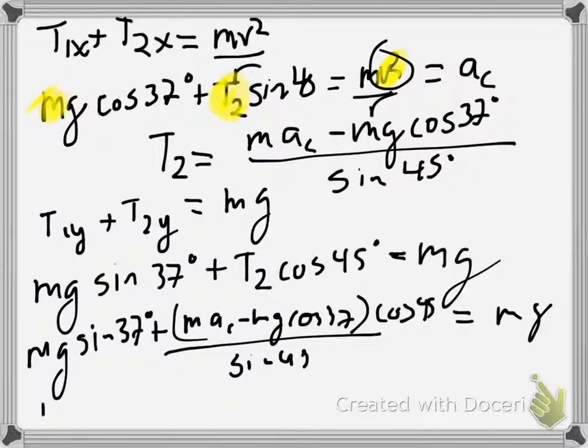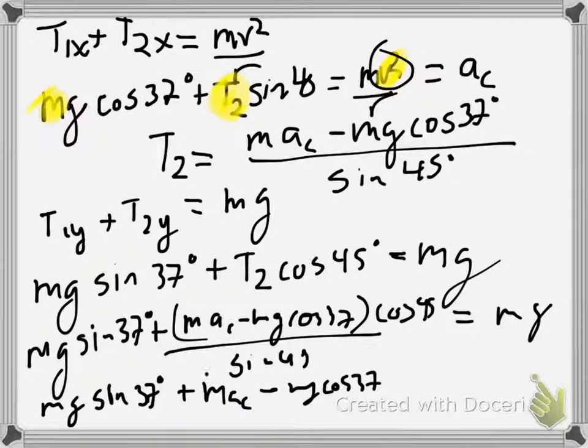So I get mg sine 37 plus m a sub c minus mg cos 37 times cotangent of 45 equals mg.